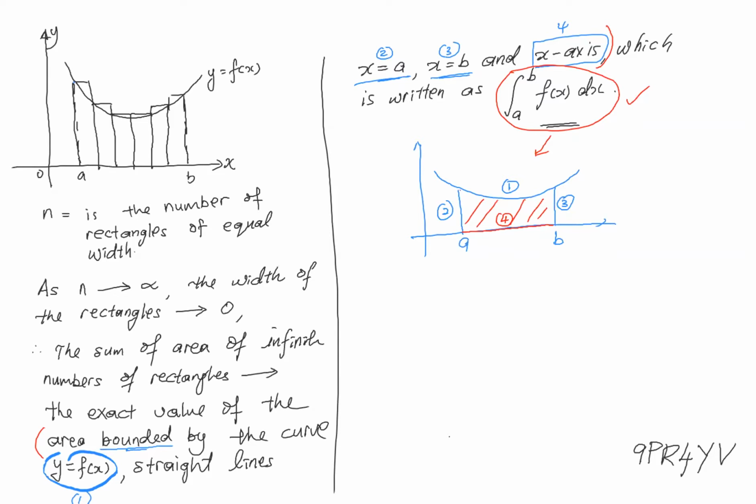So that is the interpretation, the meaning of the definite integral. Definite integral means you know the limit. Do you get me? Hello, class? Okay, so that is how the approximation becomes the exact.